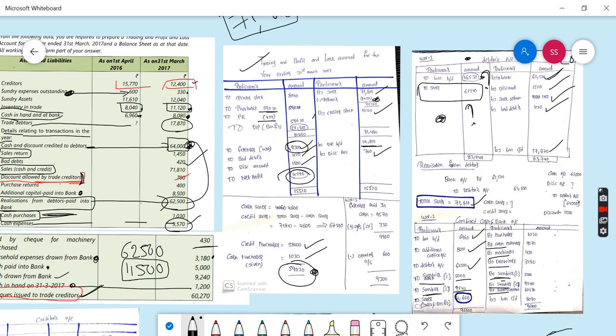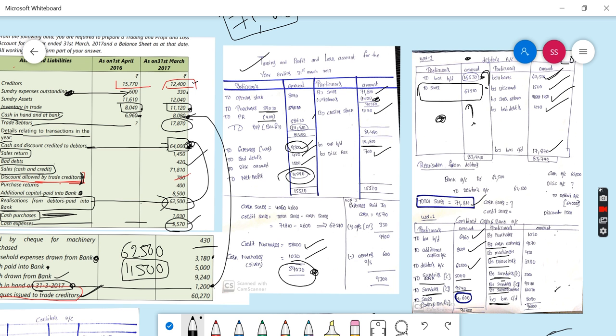Here they mention only cash in hand 1,200, right? So that means this 1,200 is also on the same date, 31/3/2017. So this 1,200 is already included in this and we already wrote it here. You don't need to write it again.